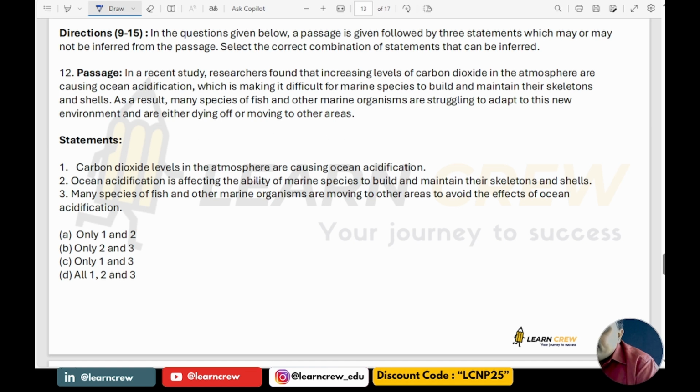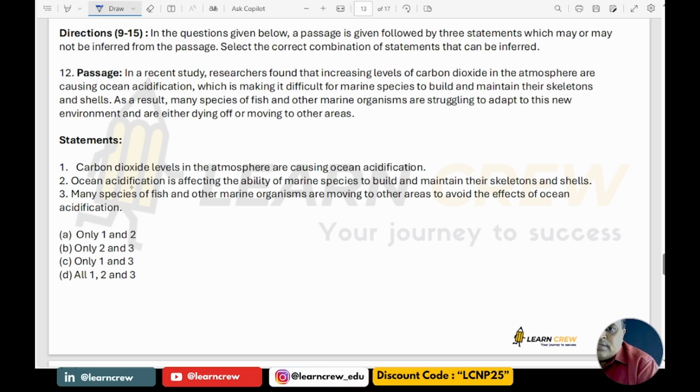As a result, many species of fish and other marine organisms are struggling to adapt to this new environment and are either dying off or moving to other areas. So out of these 3 statements, which can be inferred from the passage?